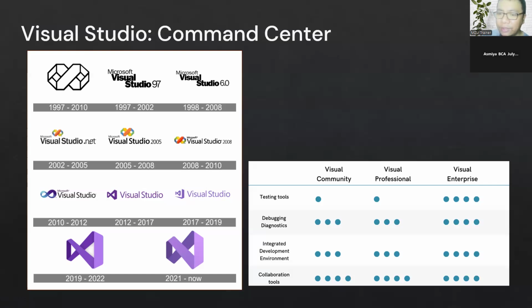We already discussed that we can design the user interface, write and manage code, debug and test, compile, build, and deploy software also. Everything is in one application. That's why it is called a command center. All right, so Visual Studio Code, sorry, I keep saying Visual Studio Code, excuse me for that.